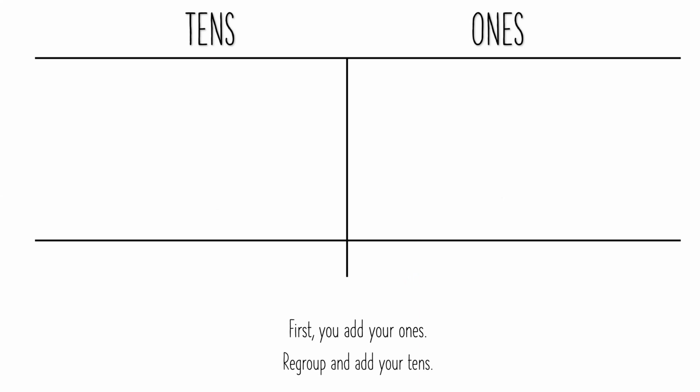All right, let's do one more together and take a picture of your work. So we're going to set up our problem, 48 plus 48. So we're going to break apart 48: 8 ones, 4 tens, 8 ones, 4 tens. Now we're going to add our ones.